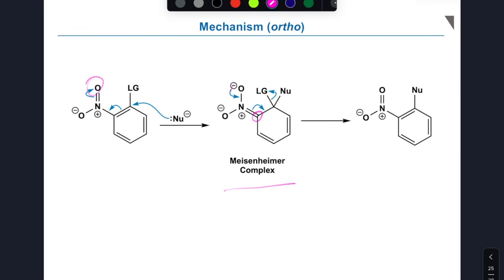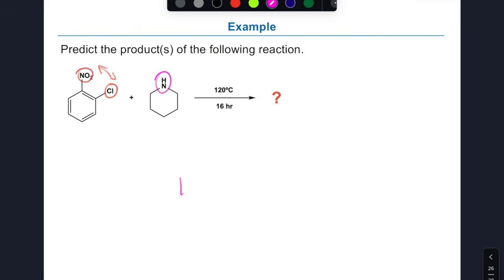So what's going on here? If we put these together, you notice that the leaving group is ortho to our electron withdrawing group. If we were to do this addition, this is my nucleophile. The nucleophile will attack at that center to form a Meisenheimer complex, which would look like this. Double bond N-O, O double minus.